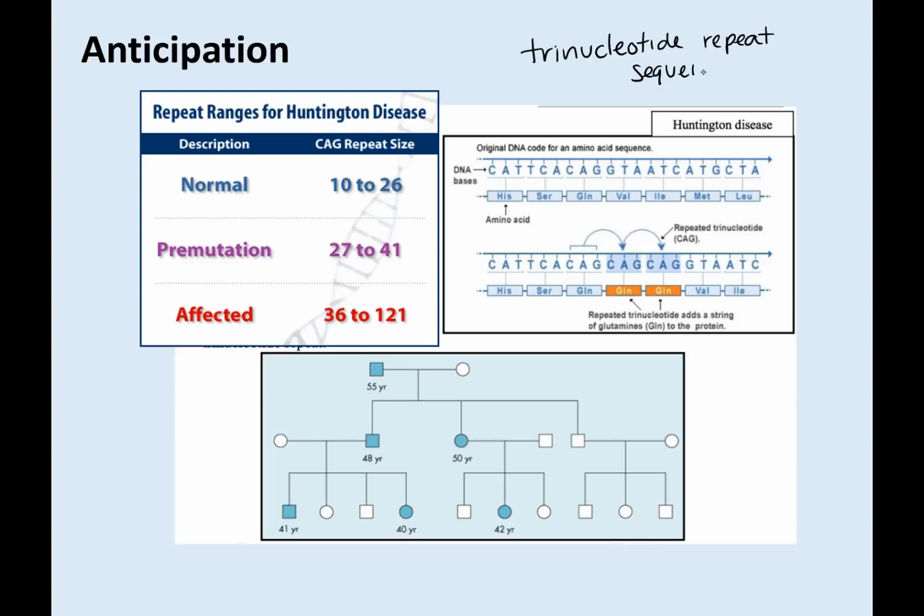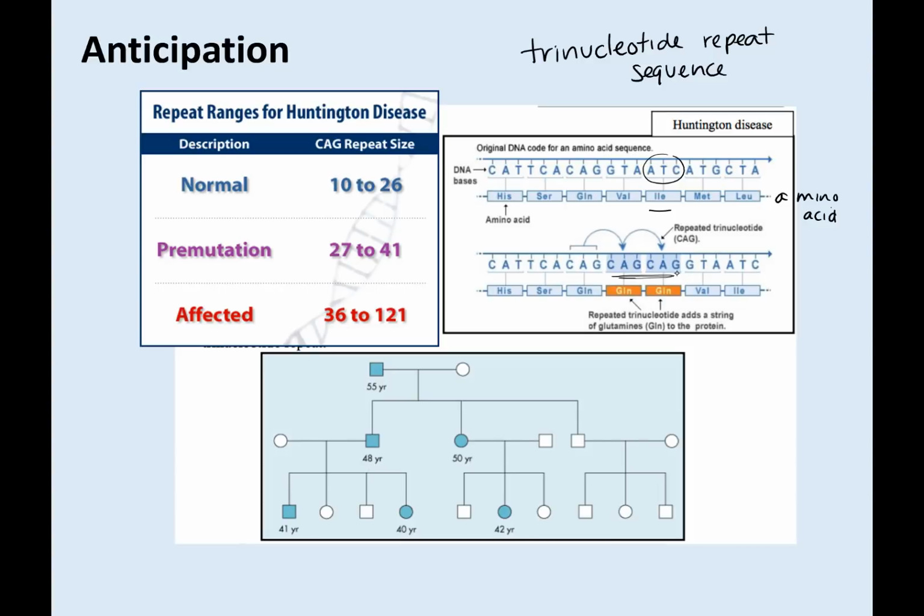So hopefully you remember somewhere back in your brain that every 3 DNA nucleotides encode for an amino acid. That's where the trinucleotide comes in, 3 nucleotides sequence. As DNA replication happens, as you start to accumulate these repeat regions, the DNA polymerase sometimes has a hard time keeping track of where it is, and it slips.